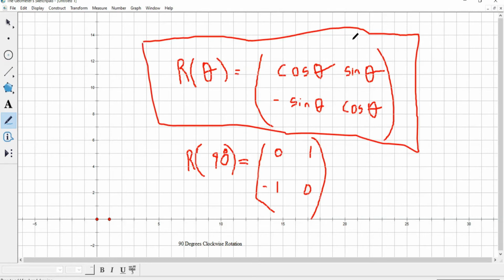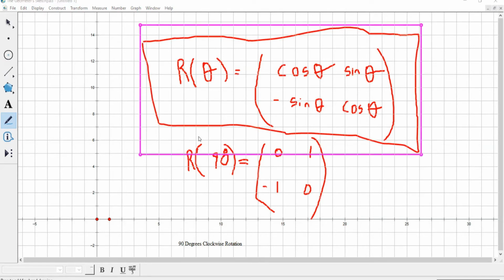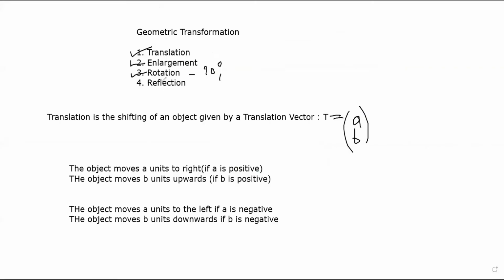All right, now that that is a rotation matrix, there's one final one that we need to know, which is reflection. And there are typically 3 types of reflection that will come: reflecting in the x-axis, reflecting in the y-axis.